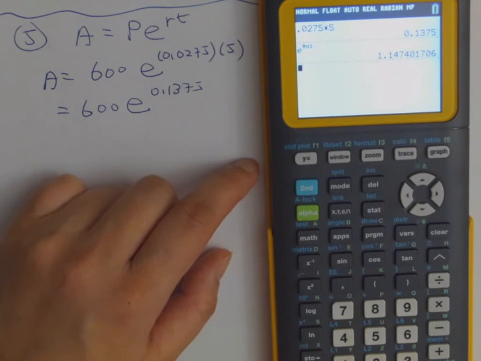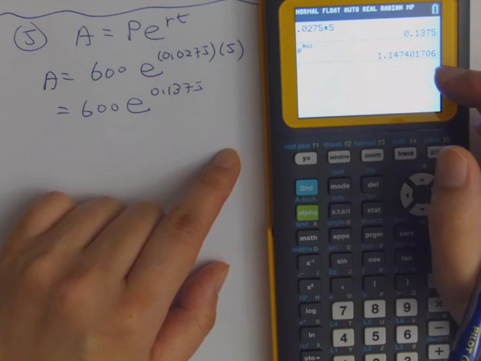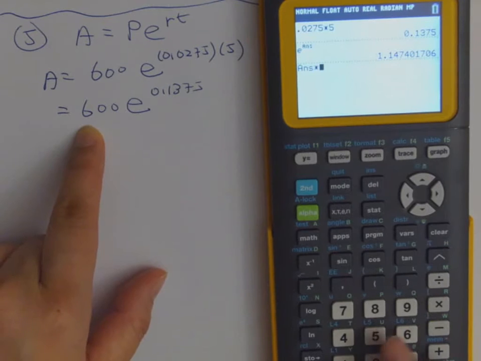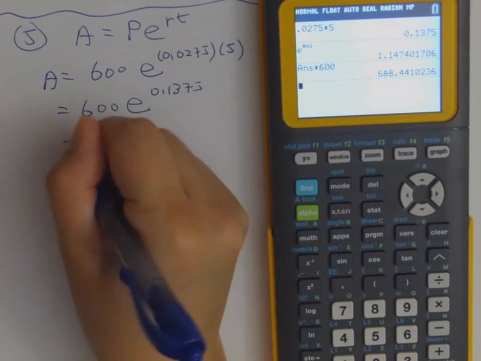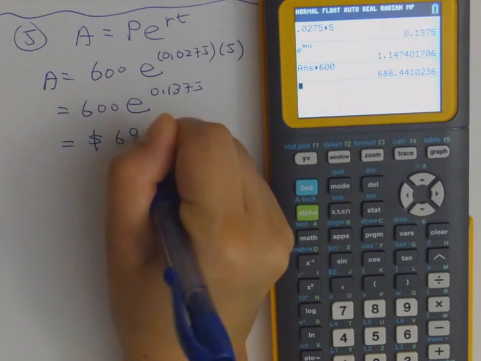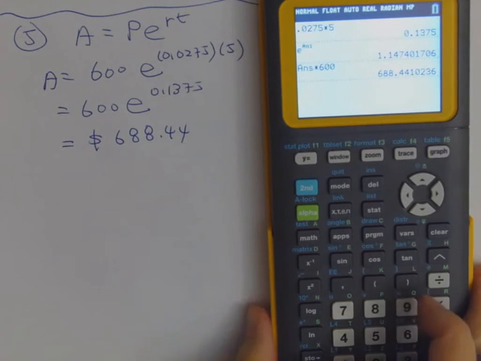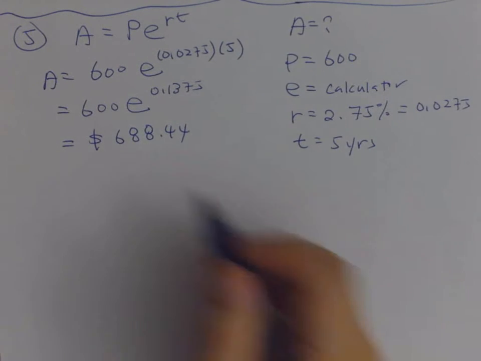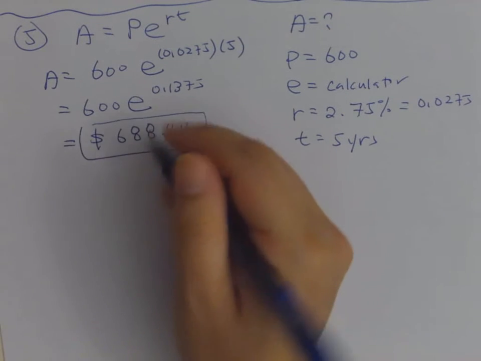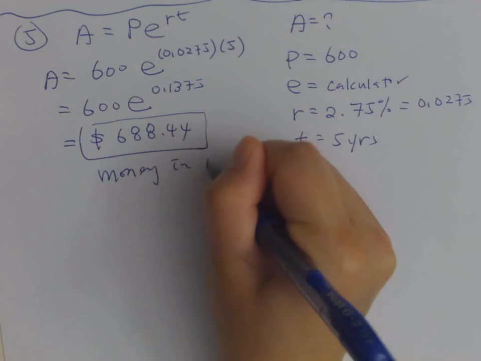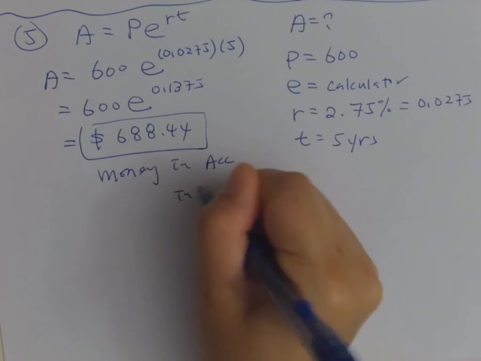Again, don't round until the last step. Keep that number in your calculator and multiply by my $600, right? So your answer is $688.44. It's money, so we round to 2 decimal places. This is how much money you will have in the account in 5 years.